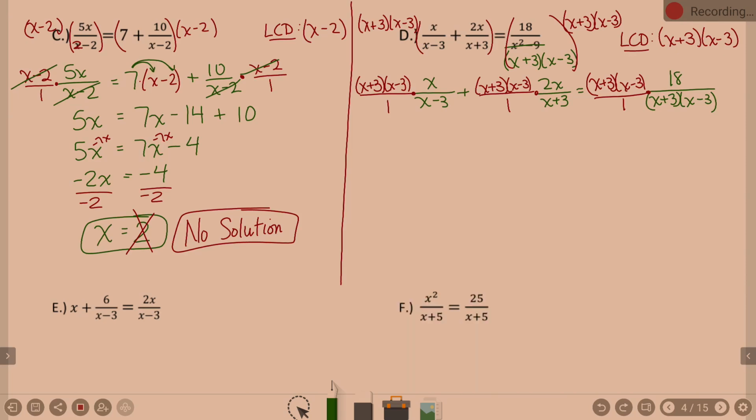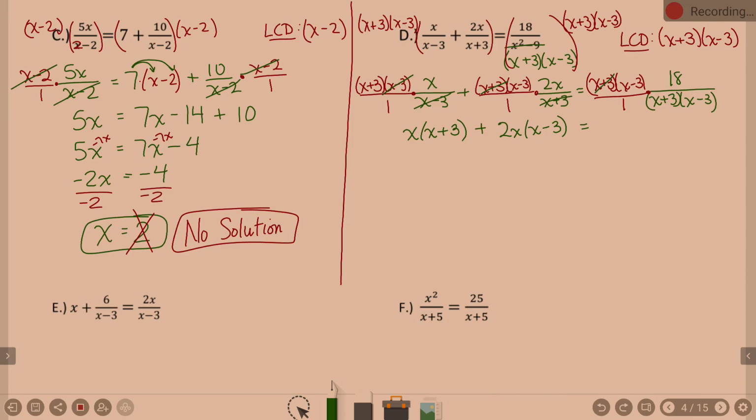Okay, first piece, what cancels? X minus 3, leaving us with x and x plus 3. Plus, what about the next one? X plus 3's cancel, leaving us with 2x and x minus 3. On the right, what cancels?